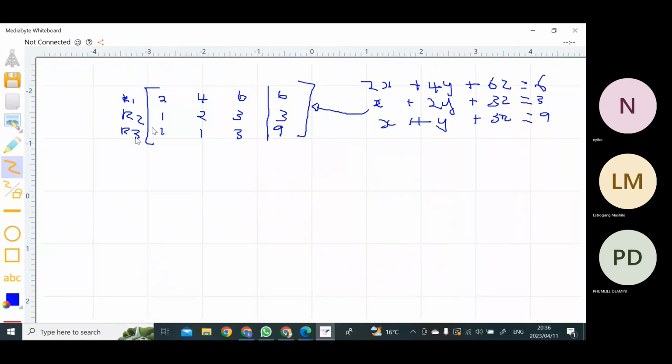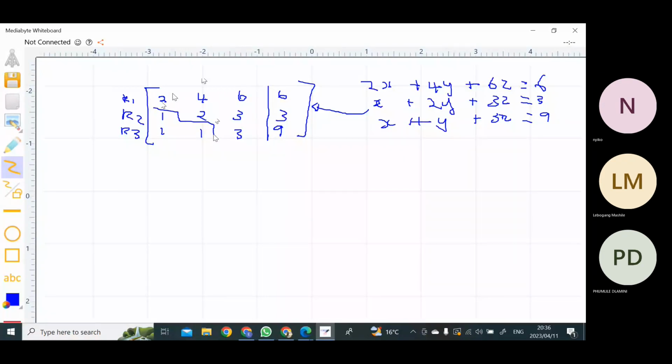Our objective now is to make this to be 0. We need to follow the elimination row by row, column by column. We call it Gaussian elimination. We're going to check here in row 1. We have 2, so we need to make this one 0.